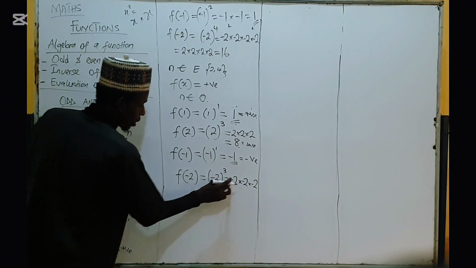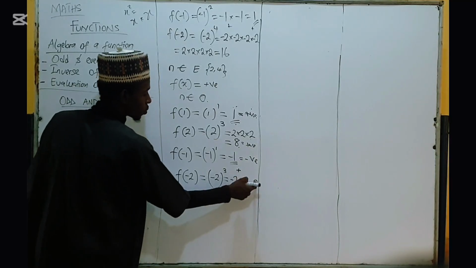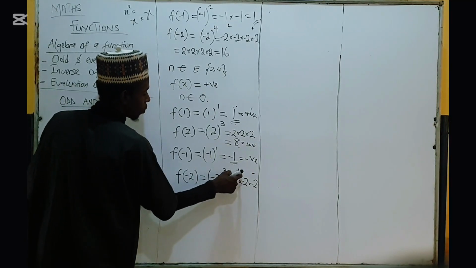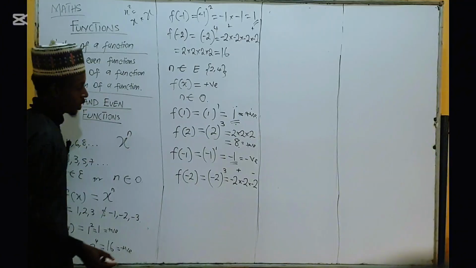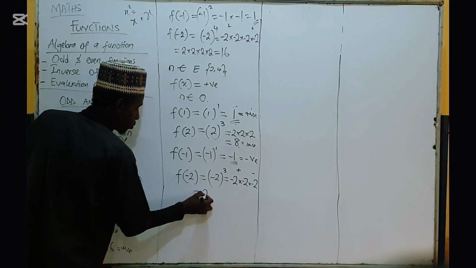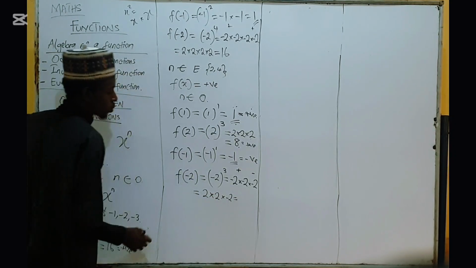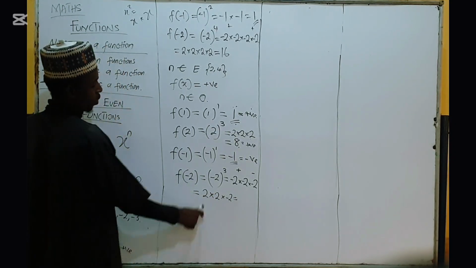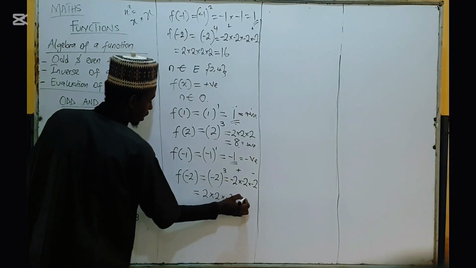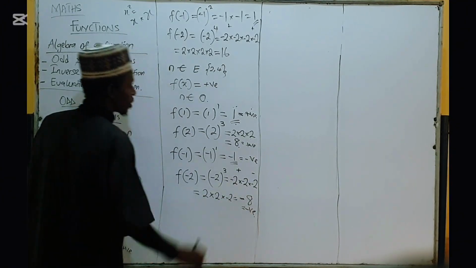Which means minus times minus is plus, and we have to multiply this plus with another minus here. And we know that plus times minus is minus. Which means I will have 2 times 2 times minus 2. And which is what? 2 times 2 is 4. 4 times minus 2 is minus 8, which means a negative result.